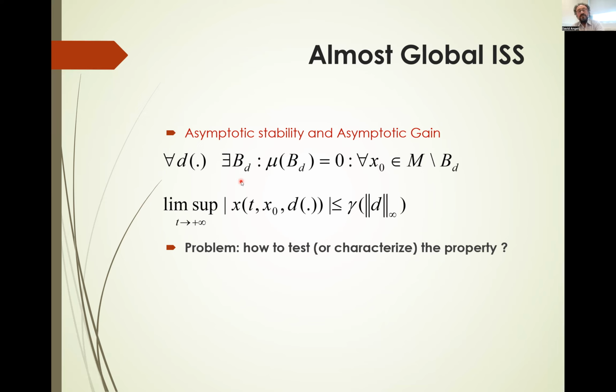So you could say that for all disturbances, there exists a bad set of measure zero, which potentially depends on the disturbance D, such that if you don't start in the bad set, so for all x0 in your state space N minus the bad set, you still get this asymptotic gain estimate: limsup is less than or equal to gamma of the infinity norm of D. So the problem is, of course, still how to test this property, because this is now very, very different from the classical ISS property.